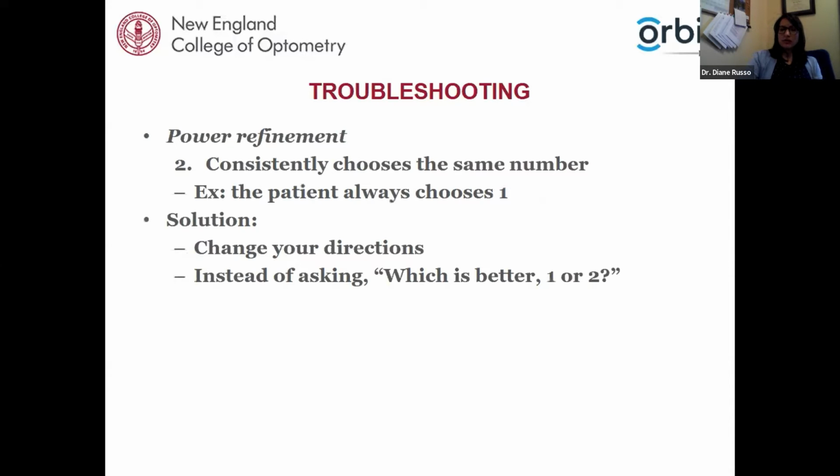So again, similar to the axis refinement, if the patient keeps consistently choosing the same number, you, as the examiner, could just change what you call number 1 and what you call number 2 to see if the patient is consistent or can become consistent in their responses. But one of the other things that you can do is just change your direction.